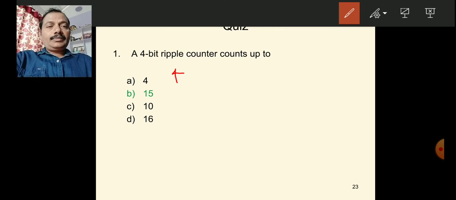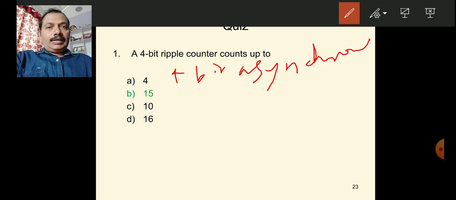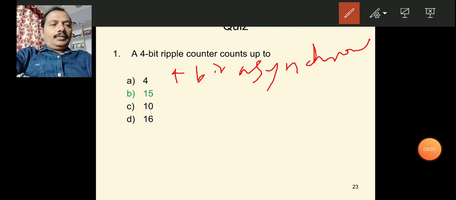A ripple counter can also be called a 4-bit asynchronous counter. That is another name, so don't be confused with the different names. 4-bit asynchronous and 4-bit ripple counter are both the same.